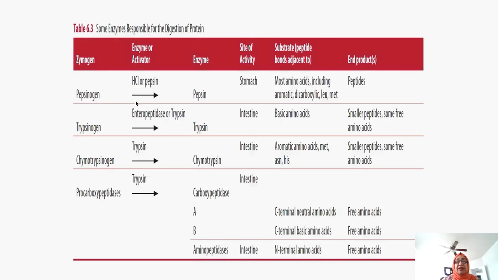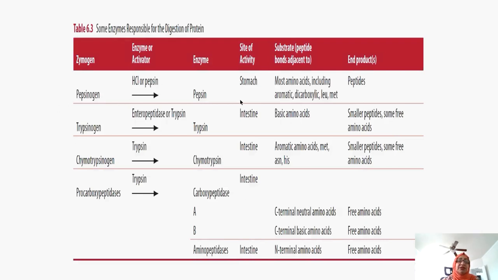Also, I really like this table because it will show you the inactive forms of the enzymes and the active forms of the enzymes in this column, and also which stimulators, which molecules will activate the enzymes, the site where the enzymes could be active or acting, and which substrate, which types of amino acids the enzymes can break down or degrade, and finally it will show you the end products.